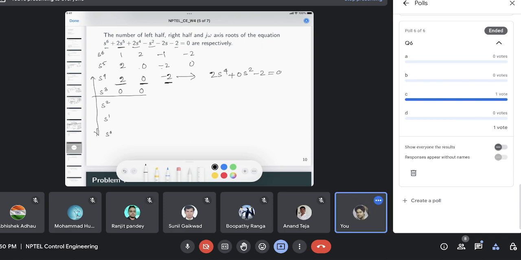Or you have 2s4 minus 2 equal to 0. And the derivative of this will be what? 8 s cube, and this is 0. So 8 here and this is 0.